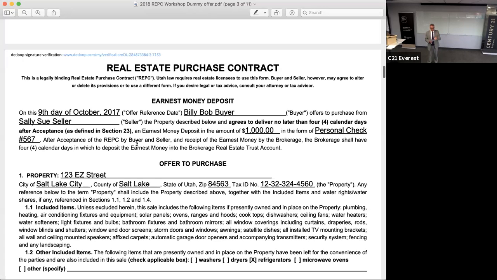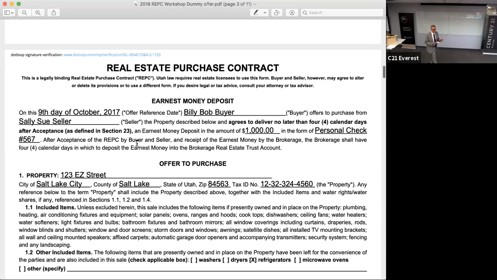And so I put that on the REPC when I filled out the purchase contract. But then when the agent did a counter offer back to me, he actually put a different name on there for the seller. So then we had to do another addendum to fix the error that I had made by putting that company name. But that came as a result of just clicking on the tax ID number.